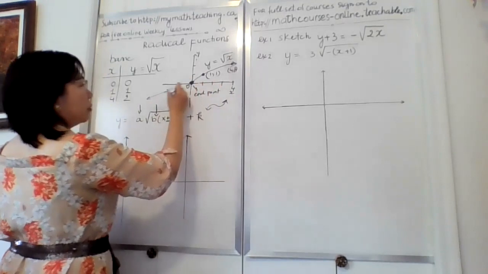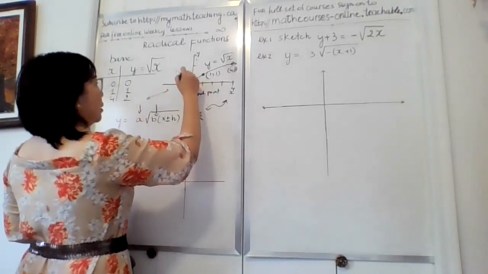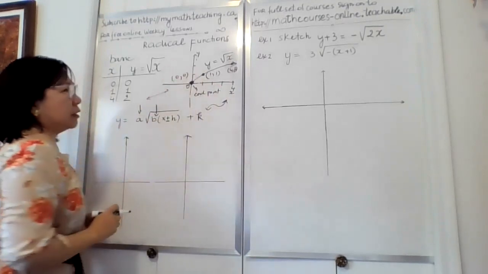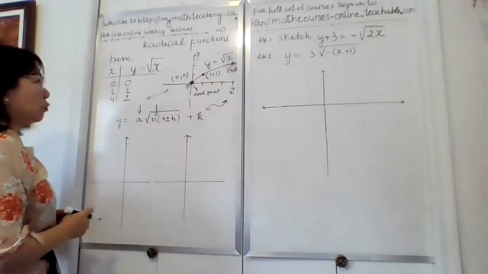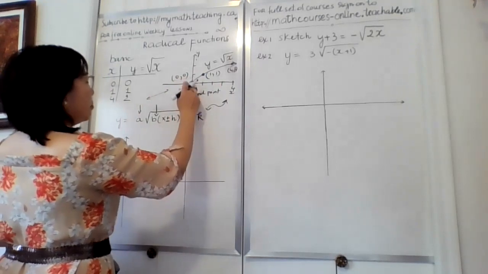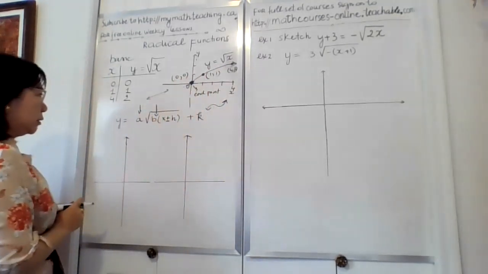It does not go this way, right? So let's call this the end point. Now, the end point here is 0 and 0 for the basic radical function. If we have a transformation, we might have a different end point.